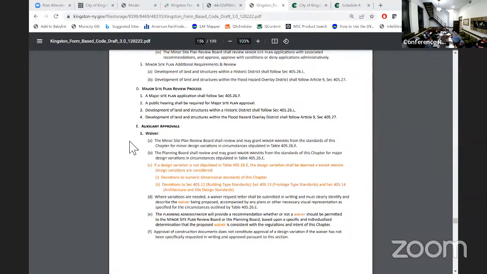Yeah, so we go to the planning board, right? Right, but if the design variation is not stipulated in this table, it's deemed a major waiver. So if you want to do a design variation and say you're going to change your setback, and it's not listed in the table, does that become an automatic major waiver?